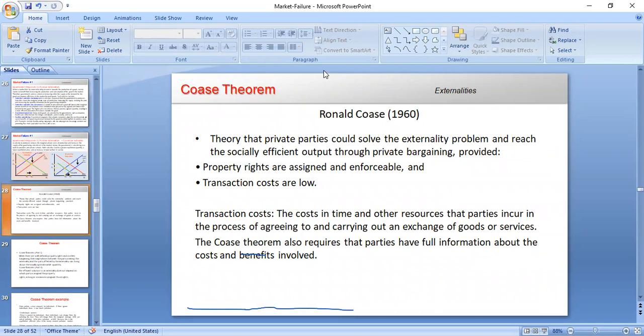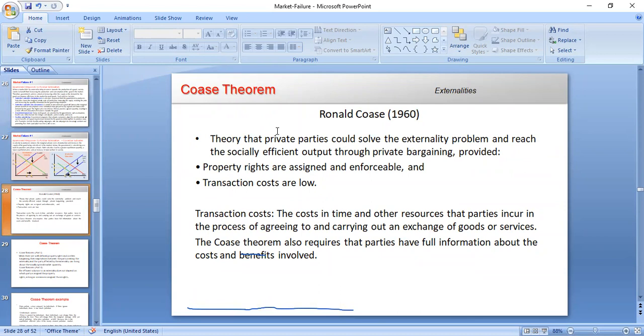The Coase theorem. Now, Ronald Coase, in 1960, propounded a theorem that was called after his name, the Coase theorem. His theory was basically about negative externalities.